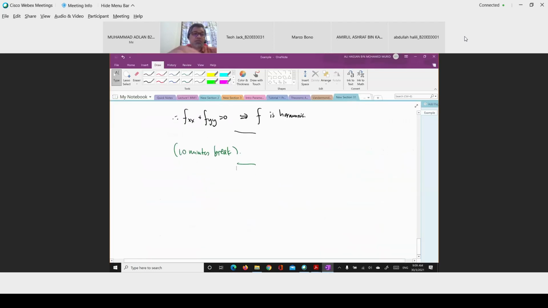And there are other important partial differential equations as well, such as the one called the heat equation.